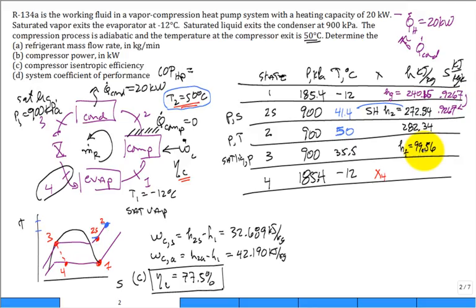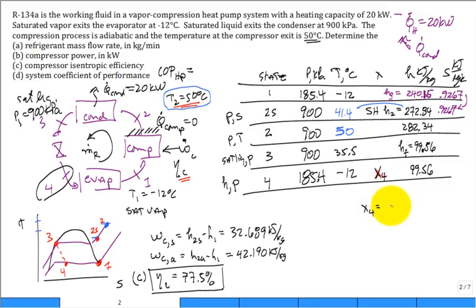Good? All right. Now, how do I find the quality at state 4 and then find the enthalpy at state 4? It's like a two-step process because at state 4, we know the enthalpy and the pressure. So this is 99.56, right? And you can then calculate the quality at state 4 if you like.